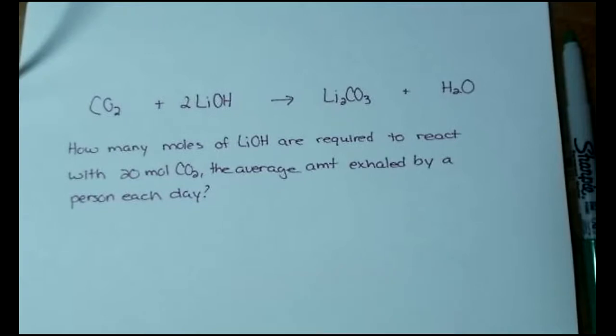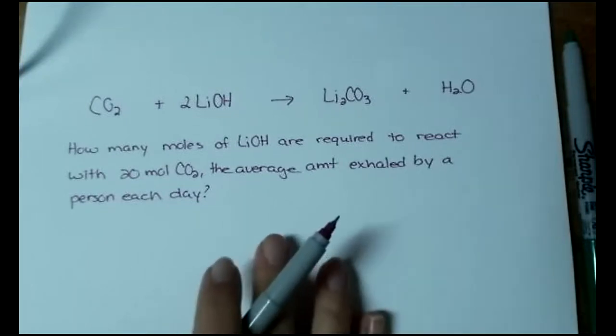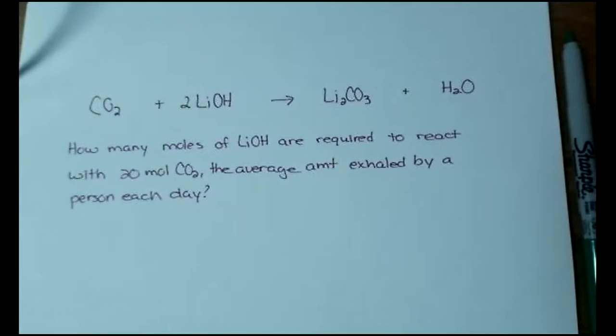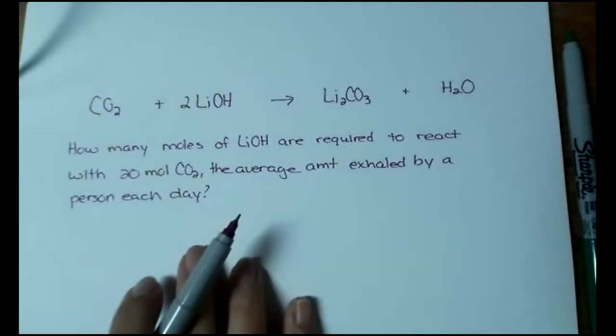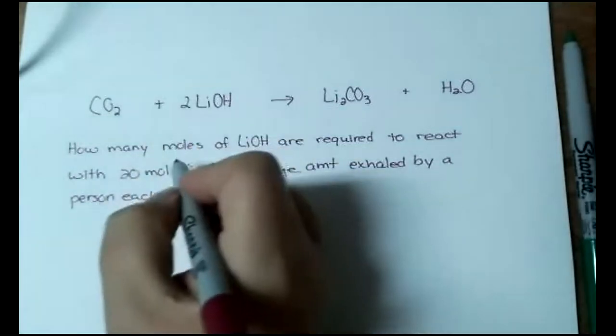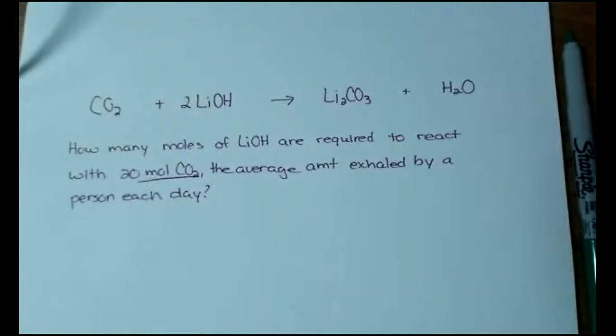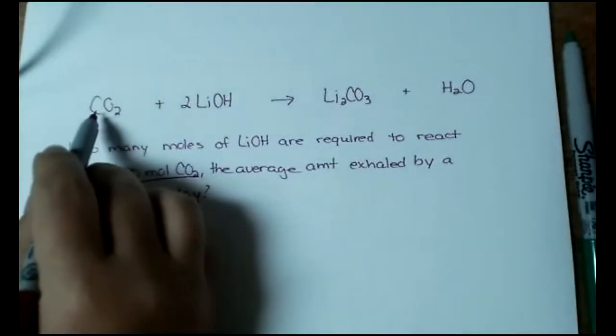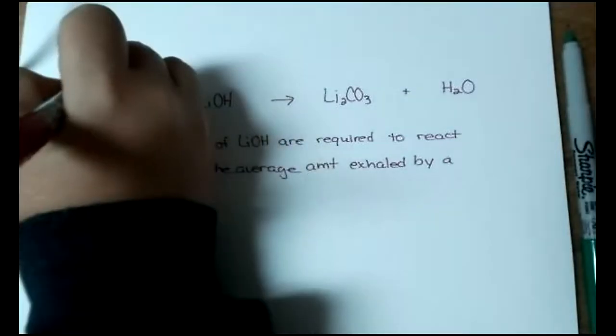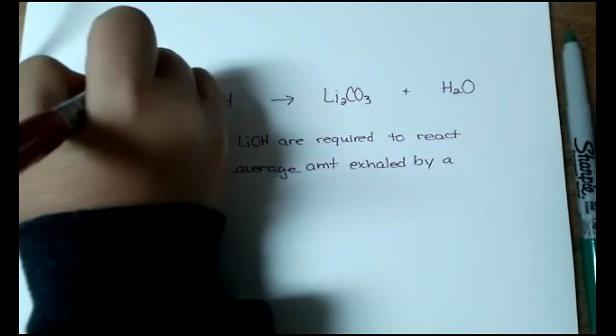Okay. So the very first thing that I do, and I still do this, so if I do it, you know how we talk about in class, if I do it, then you need to do it as well. They tell me that I have 20 moles of CO2. So I'm going to come right here above CO2 and write 20 moles.